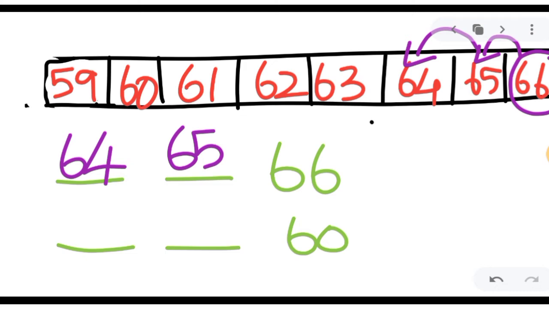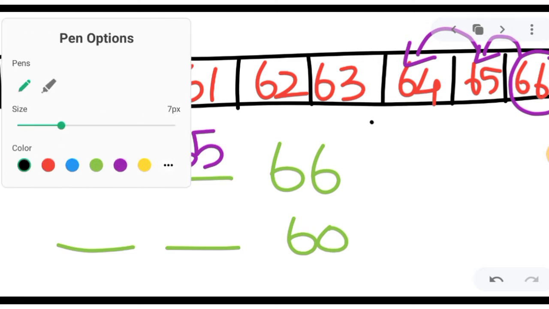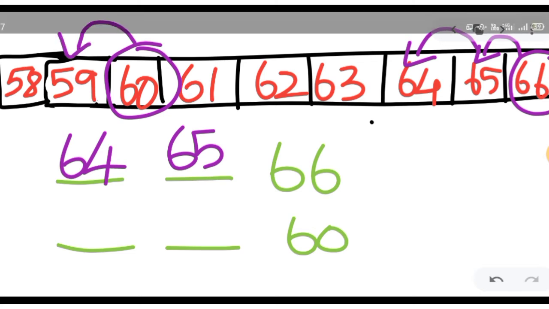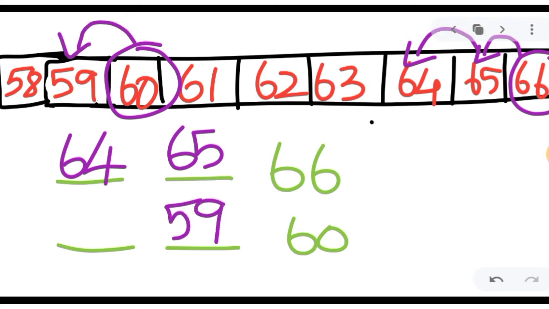Okay, let's see the next one. 60. Can you tell me where the number 60 is in this grid? Here. Very good. Can you check what comes before 60 in this grid? Number 59. What number comes before 59? 58. So we have written the before numbers.